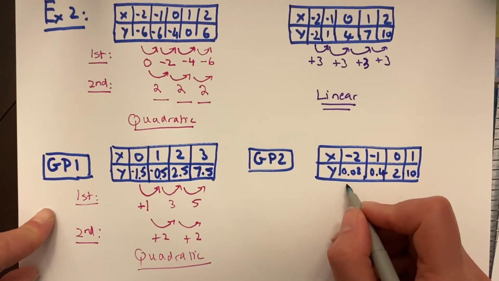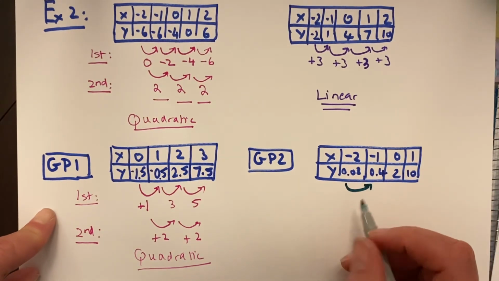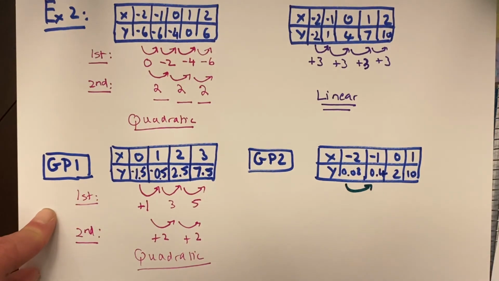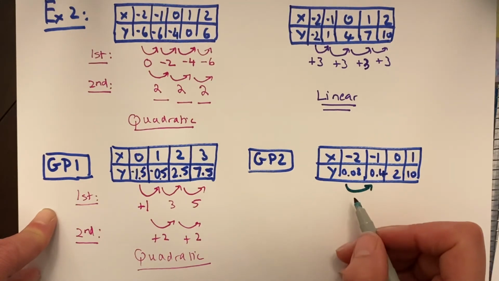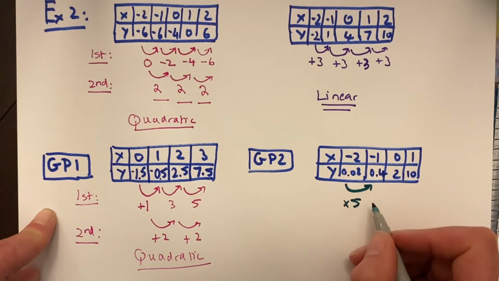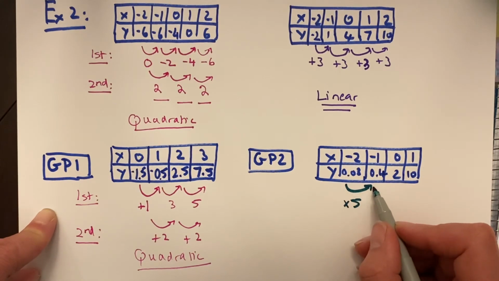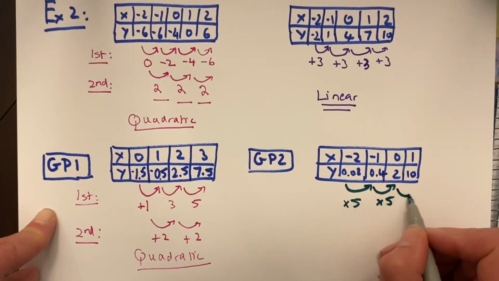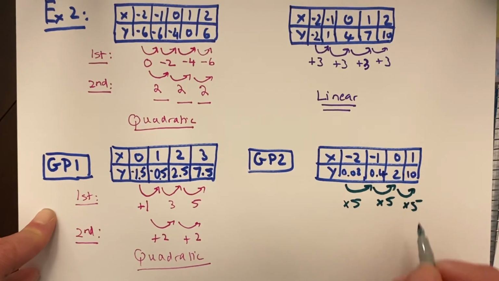If that's true, 0.08 times something would equal 0.4, and that would be the same number everything's multiplied by. So 0.08 times, it looks like 5 equals 0.4. And 0.4 times 5 does equal 2, and 2 times 5 does equal 10. And so yes, this is indeed an exponential equation.